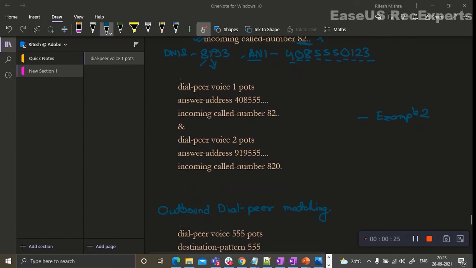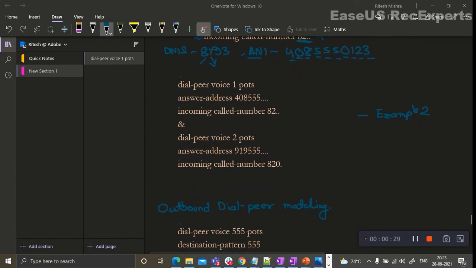Now, let's see our second example for inbound dial pair matching. Here we have two POTS dial pairs. Now, suppose our DNIS is 8205 and ANI is 4085550123.